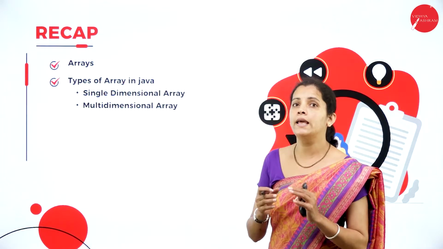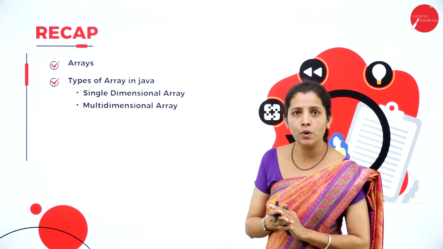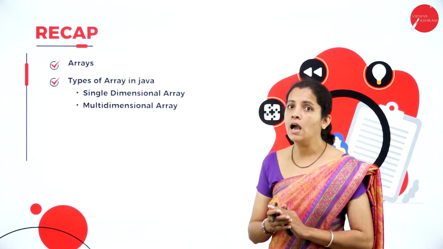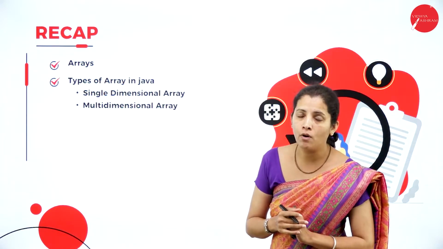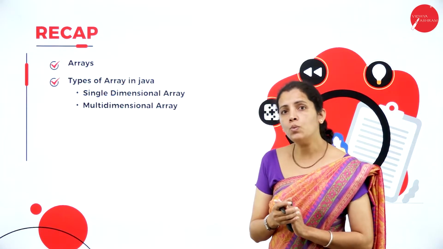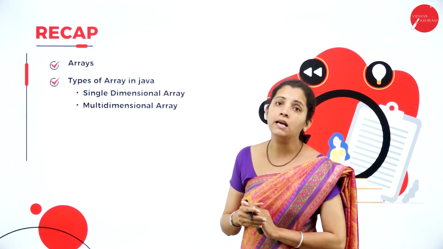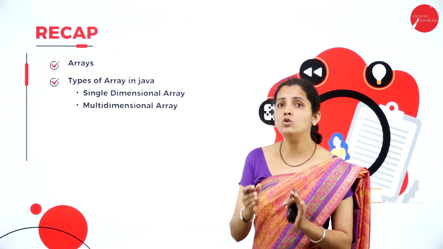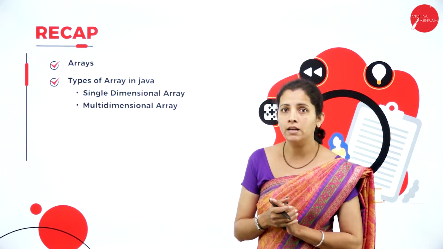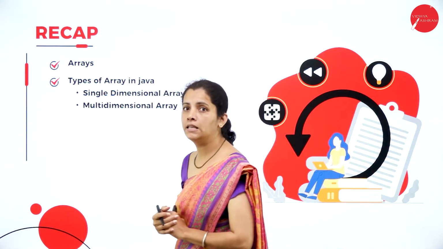That means you can expect a sure question: what is an array, and explain the types of arrays. Here, an array is nothing but a collection of homogeneous elements. Homogeneous elements in the sense what?